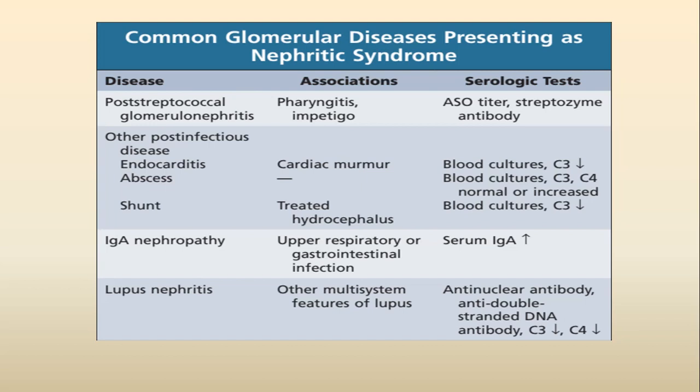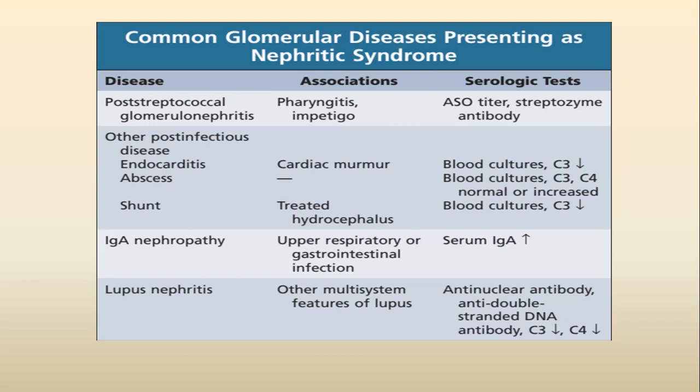Endocarditis is associated with a cardiac murmur. The tests that help in diagnosis are blood culture, decreased C3, and echocardiography. Abscess: blood culture, and C3 can be normal, but the blood culture could be positive.